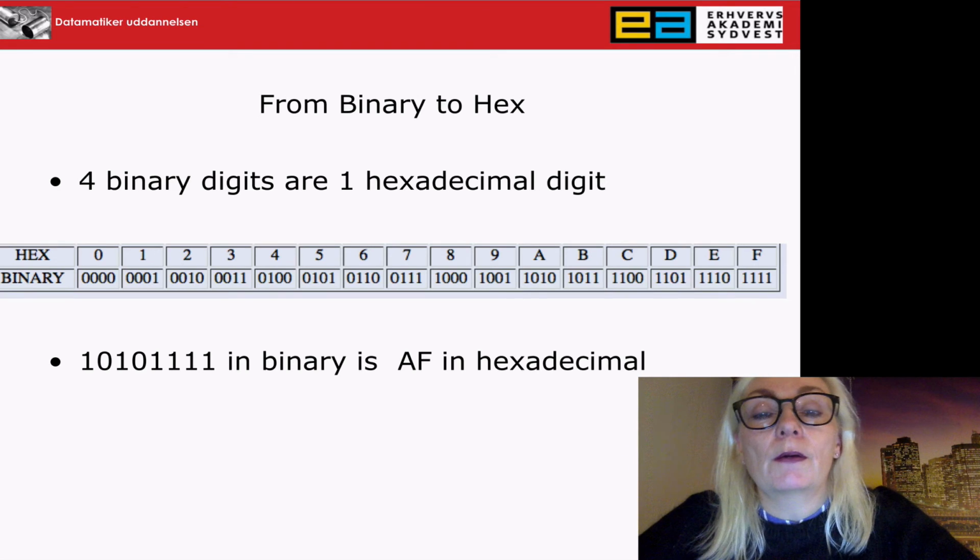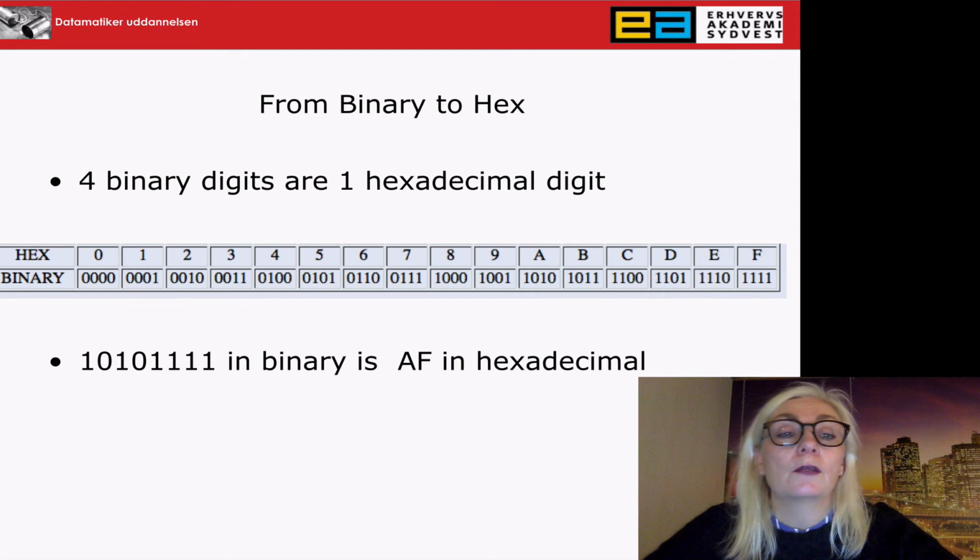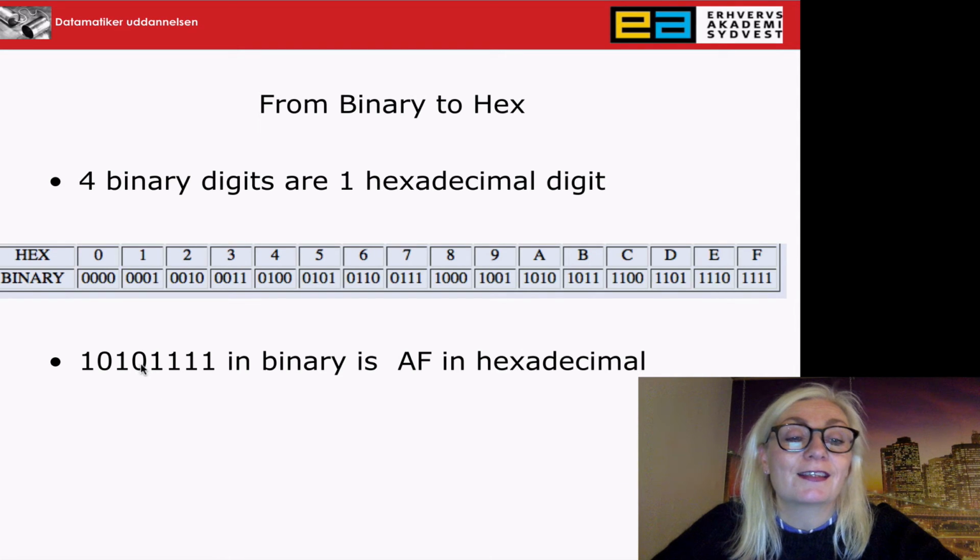The good thing, though, is when you want to go from binary to hexadecimal, you can just divide the number into columns of 4 and then convert it. Here, for instance, I have 1, 0, 1, 0, 1, 1, 1, 1.